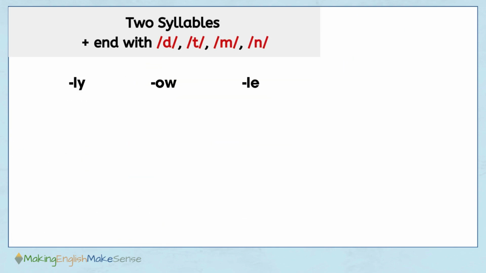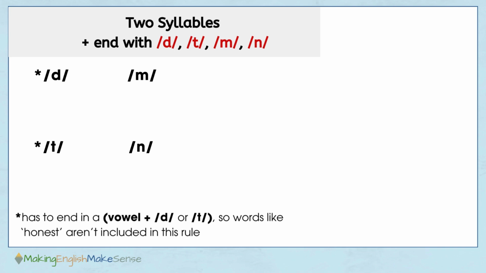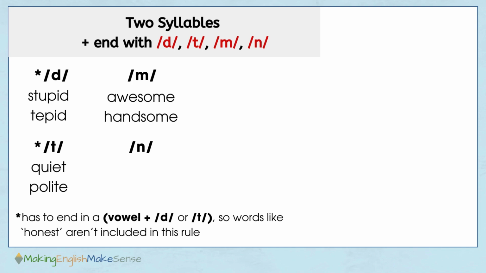The previous rule applied to two-syllable adjectives that ended in certain letter combinations, but this next rule covers adjectives that end in the sounds t, d, or n. Some adjectives that fall into this category include stupid or tepid, quiet or polite, awesome or handsome, and common or certain.